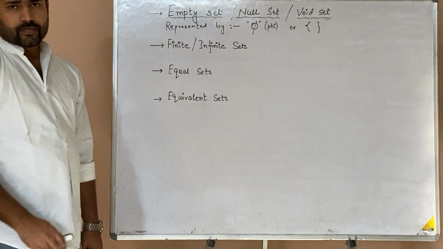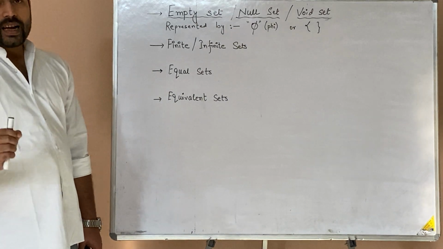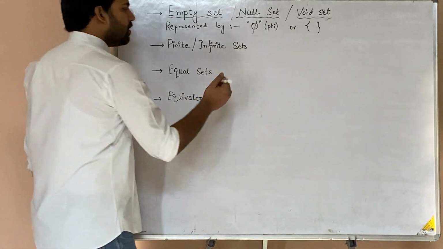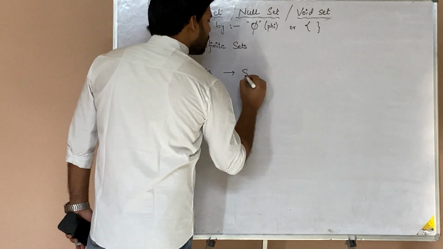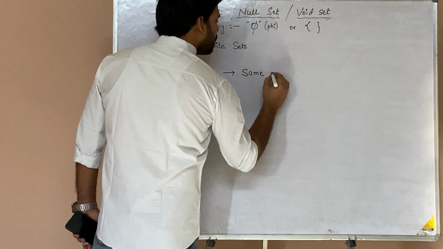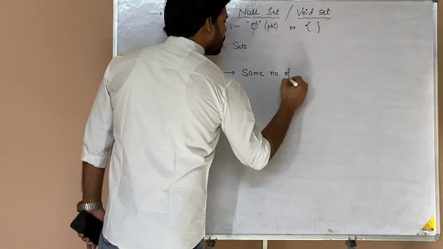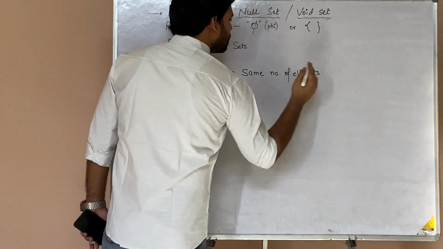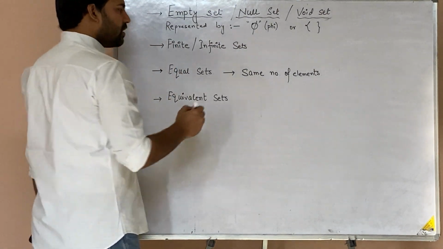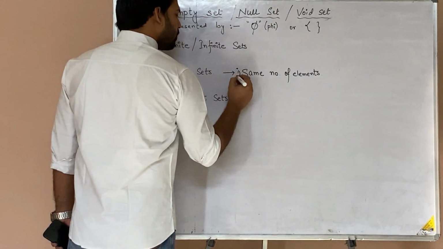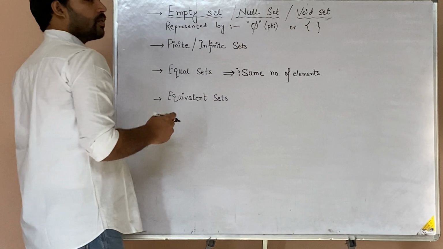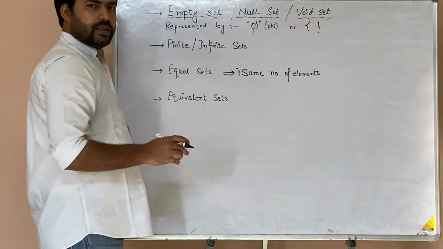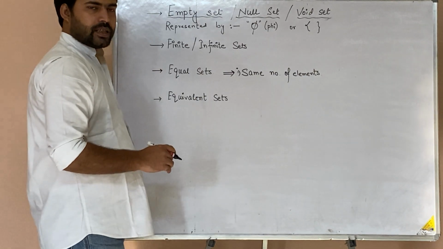Equal sets. Two sets are said to be equal when they have the same number of elements. This is the first criterion. Clear? The number of elements must be the same.